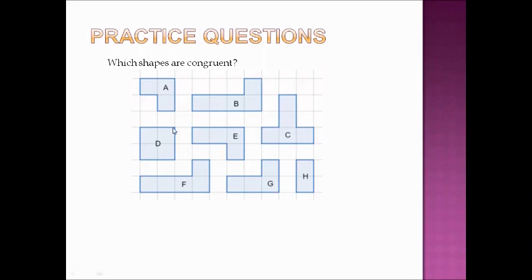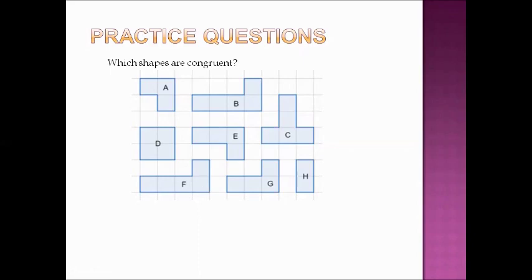So, figure B and figure F seem to be congruent to each other. As it is on a graph, we can count the squares as well. In figure B, there are 5 squares, and in figure F, there are also 5 squares. So, figure B and figure F are congruent.